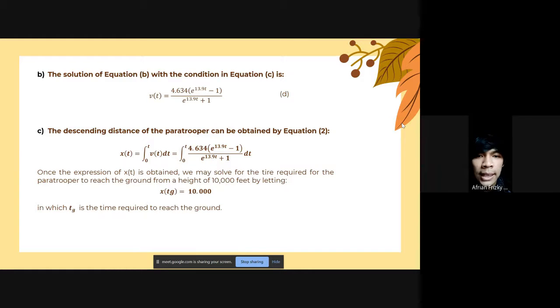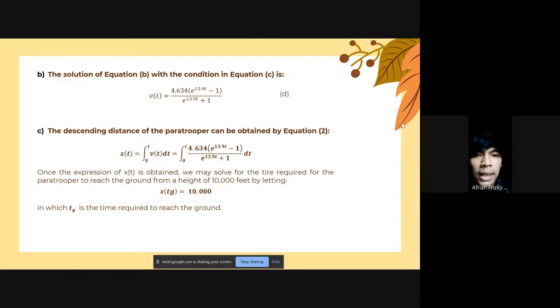The descending distance of the paratrooper can be obtained by equation 2. We get x(t) equals the integral of V(t) dt from 0 to t, which equals the integral of 4.634 times (exponential of 13.90 t minus 1) divided by (exponential of 13.90 t plus 1) dt from 0 until t.